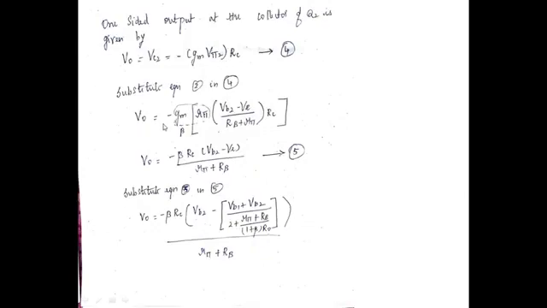So V naught is equal to minus Gm R pi into VB2 minus VE divided by RB plus R pi into RC. So we know that I'm going to replace Gm into R pi with the beta value. So the equation we got is minus beta RC into VB2 minus VE divided by R pi plus RB. This will give equation number 5.